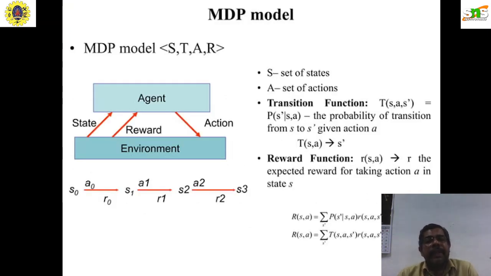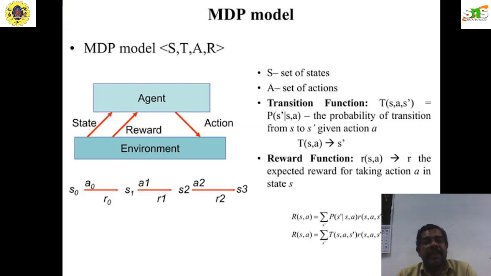So what is the MDP model? The MDP model has the tuple S, A, T, R, which we already saw in previous episodes, and this MDP model happens between the environment and the agent. The environment is understood by the agent in terms of the state, and it implements a certain action and receives the rewards from the environment.